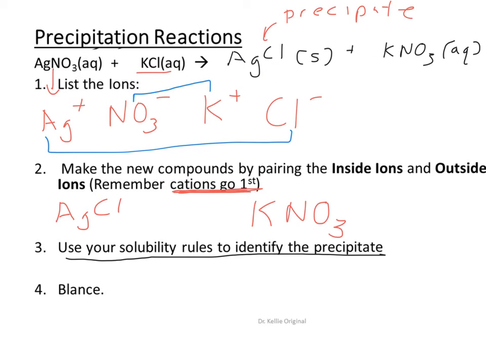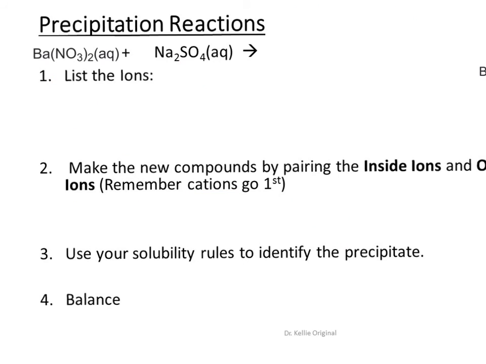Let's look at another example where the balancing will become more of an issue. All right, let's take a look at this problem. You have barium nitrate reacting with sodium sulfate. First thing we want to do is list the ions. Remember, use the nomenclature rules, don't invent ions. Barium's in group 2A, so it would be a Ba2+ ion.